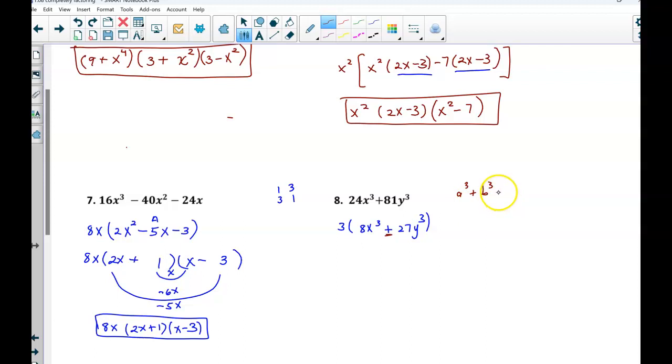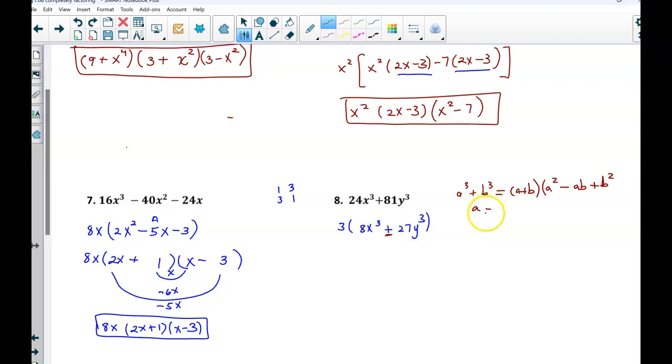So a cubed plus b cubed is equal to a plus b times, you square the first term, you multiply the 2 terms together, and you square the last term, and it's going to be plus minus plus for the sum of 2 cubes.